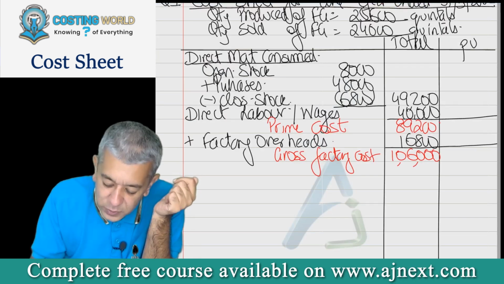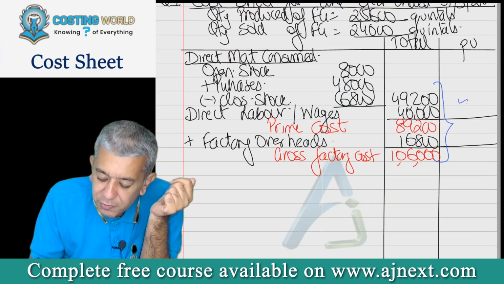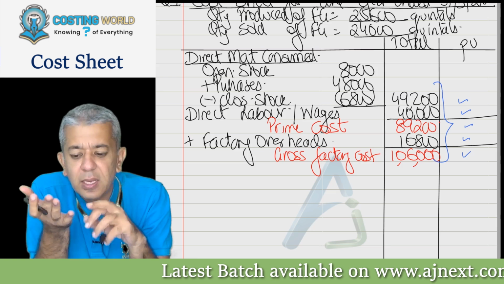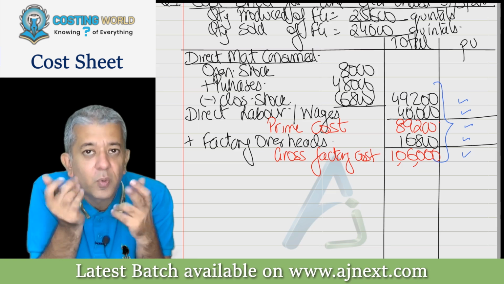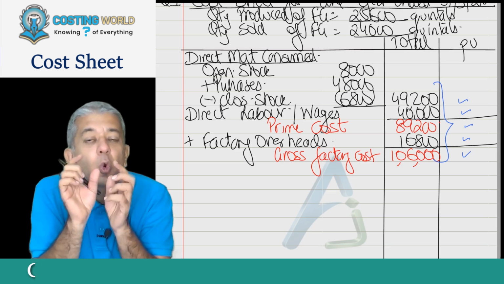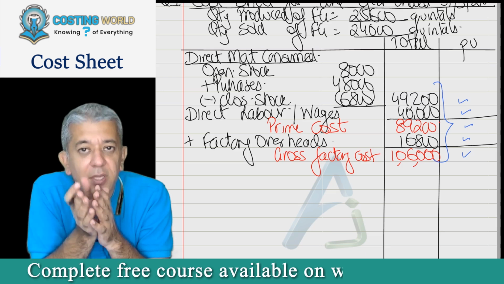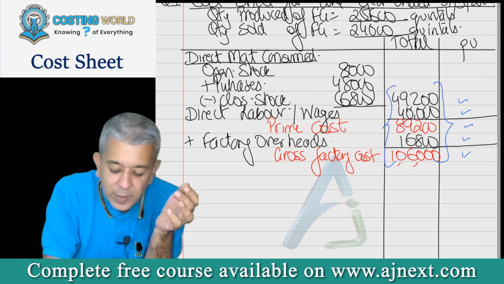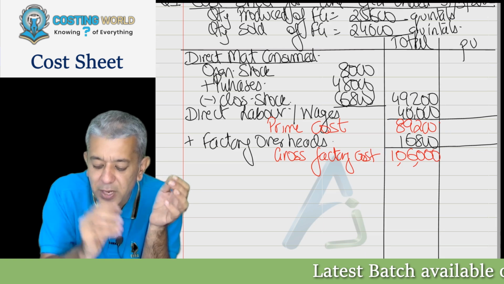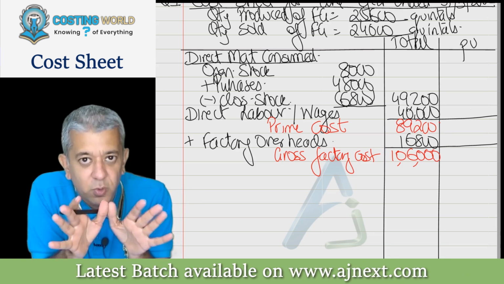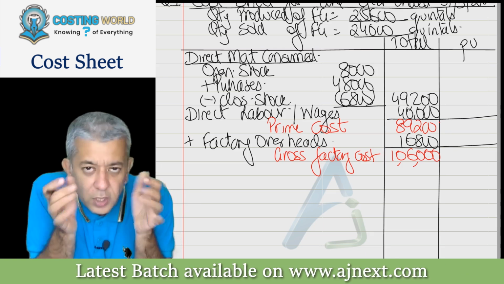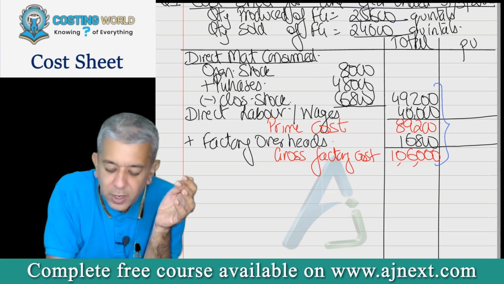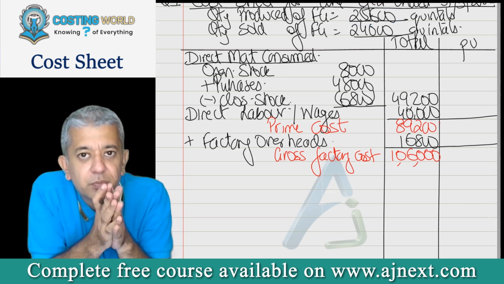These figures are incurred for making finished goods and WIP, but you do not have the quantity of WIP stock. Therefore, I cannot divide all these figures by quantity produced of finished goods plus quantity produced of WIP. I have no other option than to divide all these figures only by quantity produced of finished goods. Is that all understood?